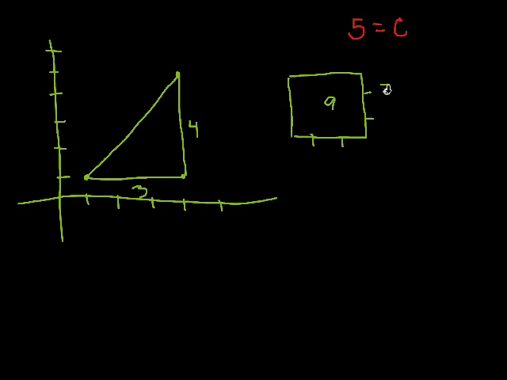Because 3 on this side and 3 on this side, if you were to draw this out, you would get 9 little squares, because 3 times 3 equals 9.